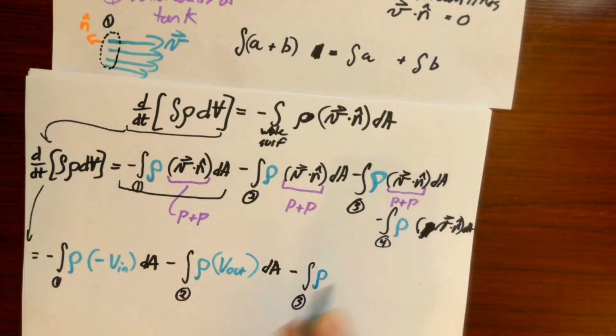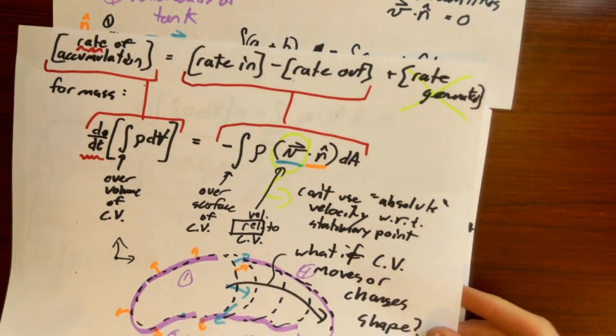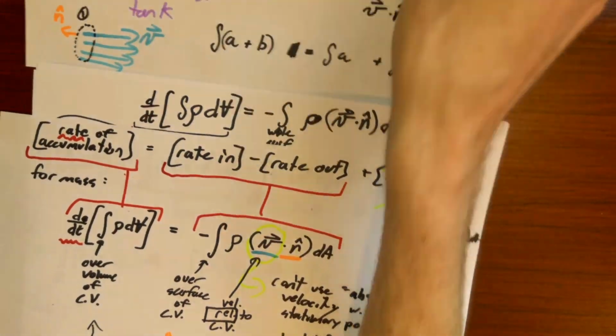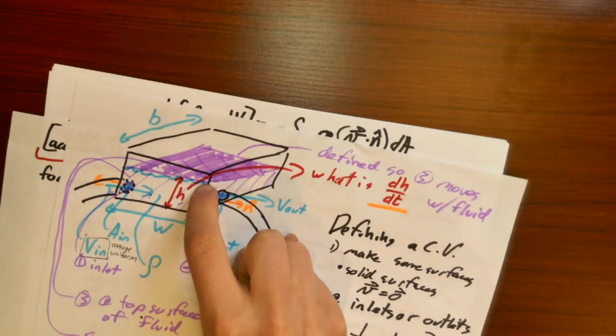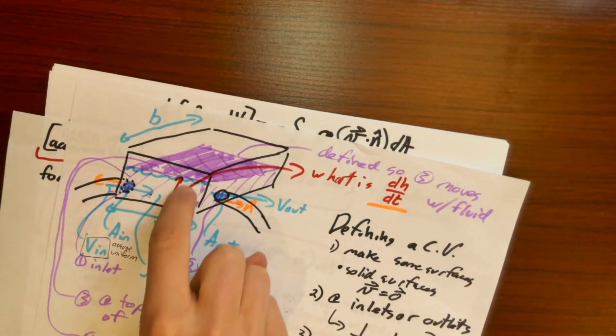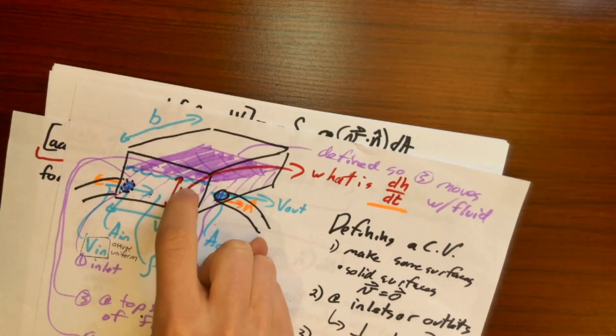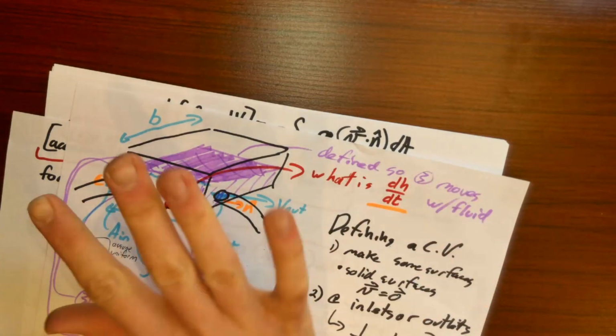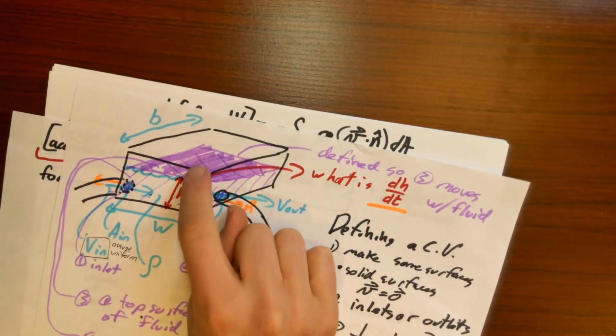Well, if you remember from the earlier parts of our notes, in this case part of our control surface is moving, right? Our control surface is moving along with the fluid, and we anticipate that the height of this fluid could be changing. We don't exactly know how it's changing, but however that may be, the control volume is moving with this surface.